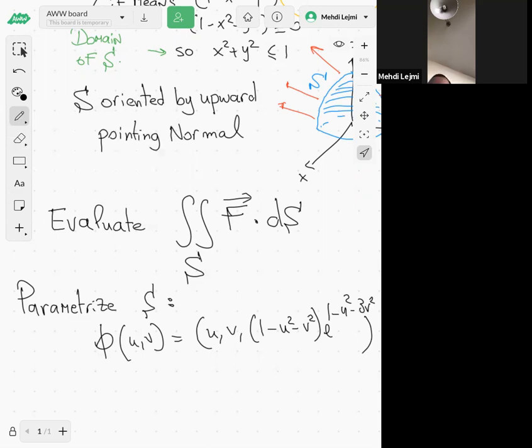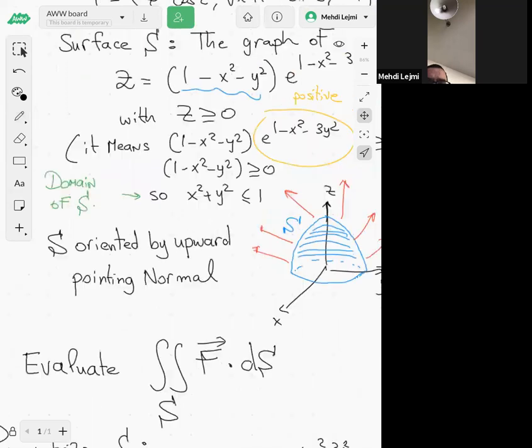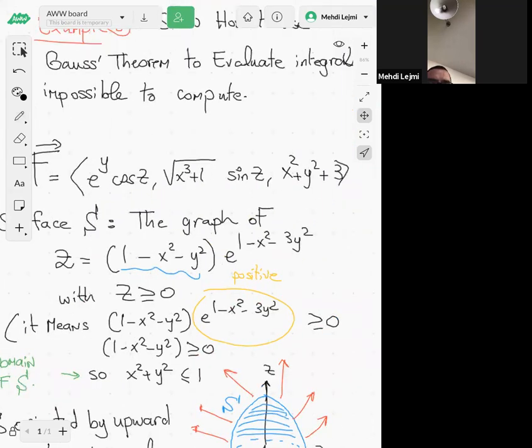Anyway, then you have to compute your tangent vectors Tu, Tv, and then the normal vector Tu cross Tv. Make sure that you have the correct orientation. But then the thing, guys, is that, as you can see, F is this very complicated vector field.